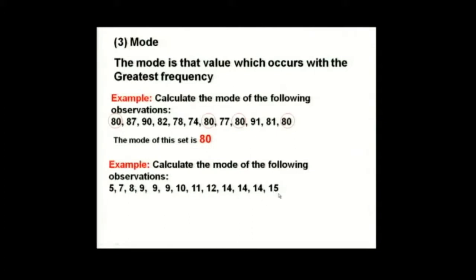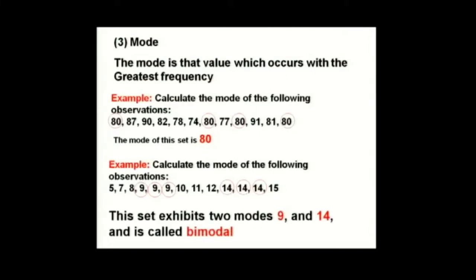Instead, you're going to see that we have two values: the value of 9, and the value of 14. This is a situation that can happen in practice, and we call this a bimodal situation, meaning that we have two modes. Of course, in some situations you may even have multiple modes, more than just two.